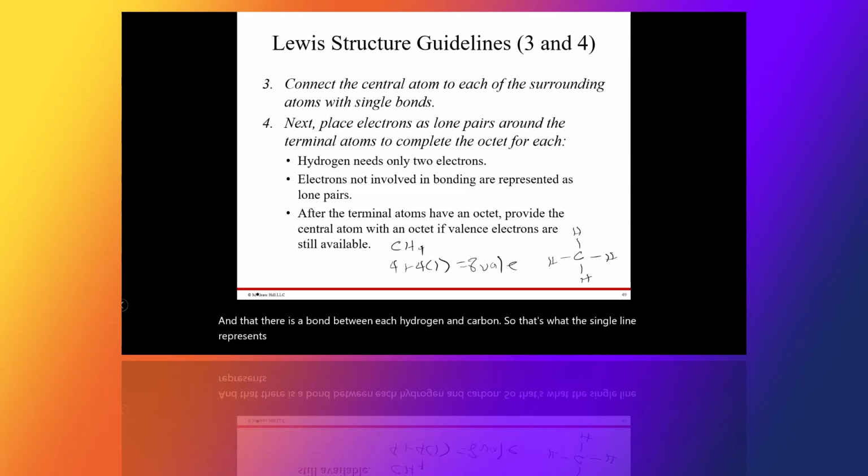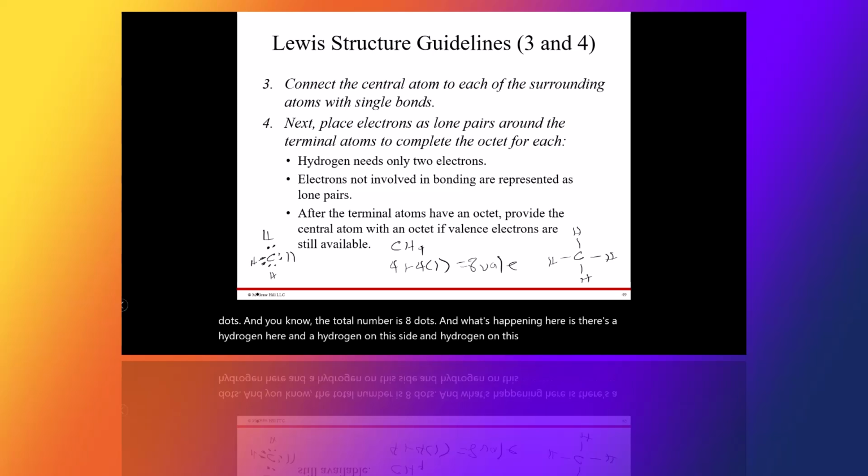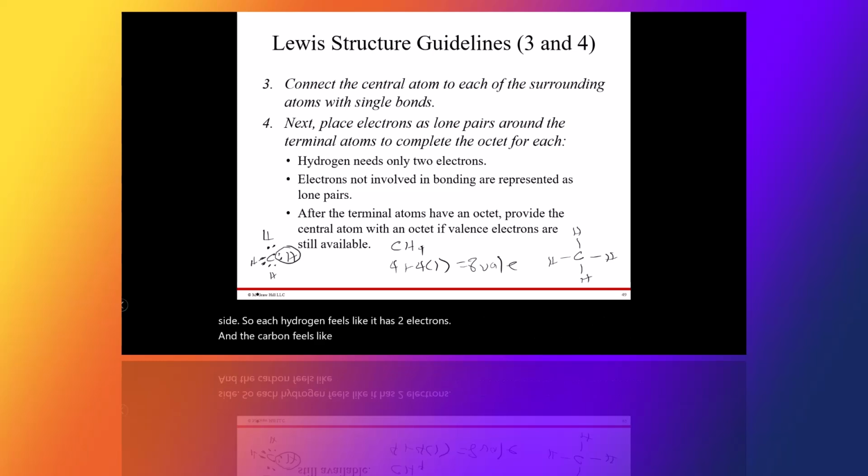So another way to draw this, if you're first starting out, you may want to just use dots. And you know that the total number is 8 dots. And what's happening here is there's a hydrogen on each of the four sides. So each hydrogen feels like it has 2 electrons, and the carbon feels like it has 8 electrons. So carbon's satisfied with the octet rule, hydrogen's satisfied with the duet rule.